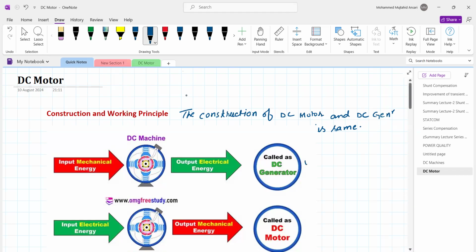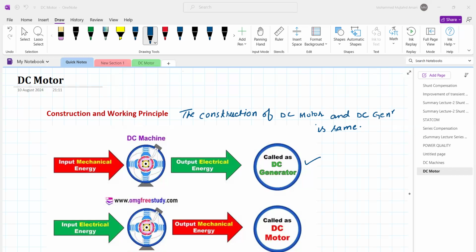So here the mechanical energy is there in the form of rotation of the conductor under the influence of magnetic field with the help of prime mover. So prime mover will supply the mechanical energy and generator converts that mechanical energy into the electrical energy, then it is called as a generator.